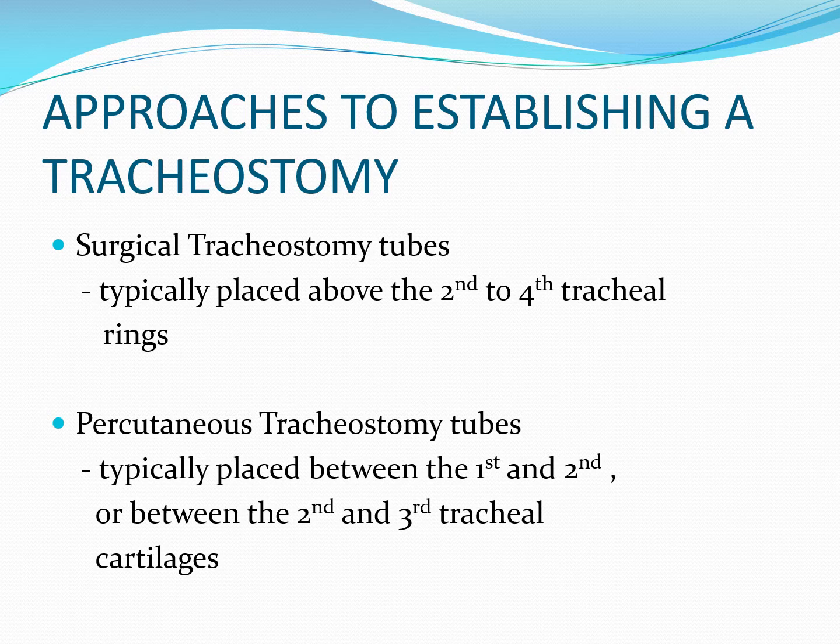The other method is the percutaneous dilation, or just the percutaneous tracheostomy tube placement method. And what happens there is a small opening is made between the first and second, or between the second and third tracheal cartilage.